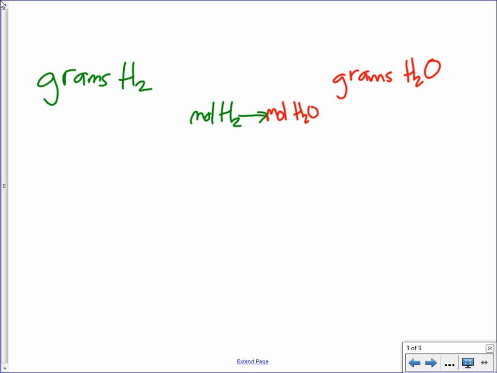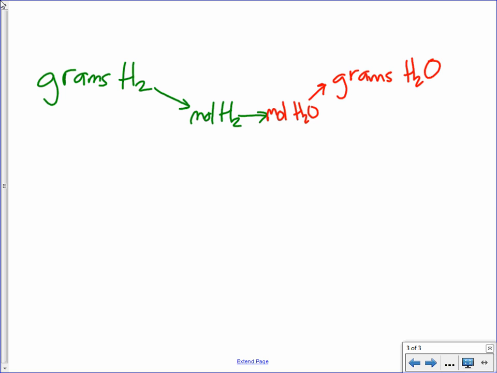We wanted to go from grams to grams, but like I just said, you can't do that. What you can do is go grams to moles, then moles to moles, then moles to grams. It's a three-step process. All right, you just use three different conversion factors.